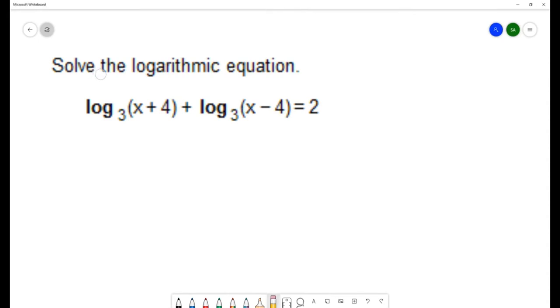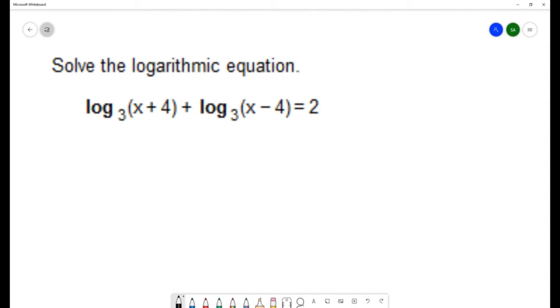We want to solve the logarithmic equation log base 3 of x plus 4 plus log base 3 of x minus 4 equals 2. On this question, I notice that I have logs only on one side of the equation. So I'm going to use the method of converting to solve this log equation.